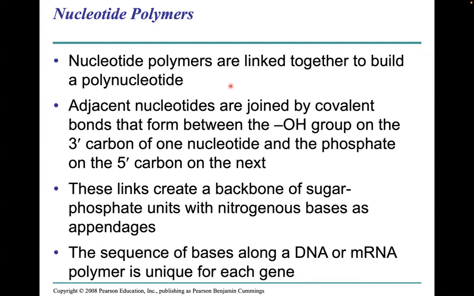Nucleotide polymers are linked together to build a polynucleotide. Adjacent nucleotides are joined by covalent bonds that form between the OH group on the 3 carbon of one nucleotide and the phosphate group on the 5 carbon of the next. This concept is very, very important.